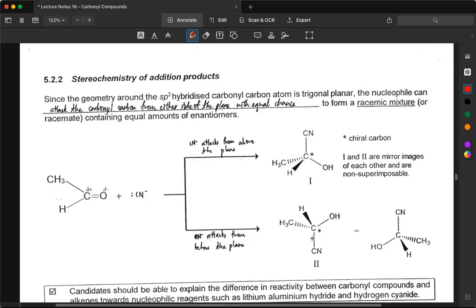And if from below the plane, it will be here. Or it can be this also, if you flip it over.